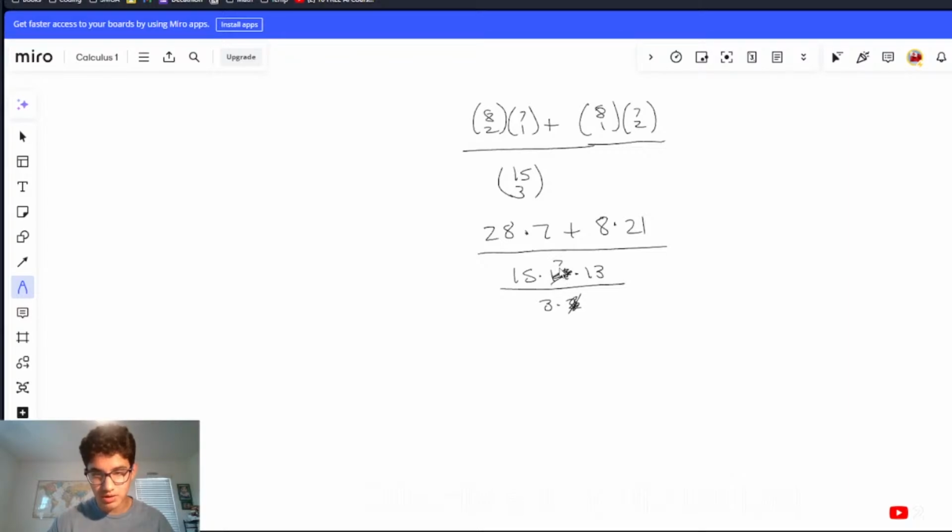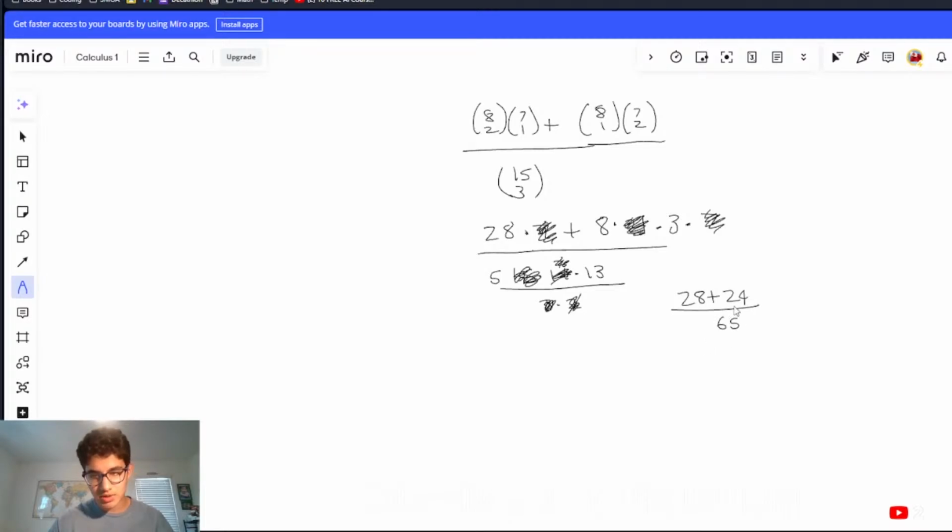Let's try to simplify it all. This cancels obviously to make this a 5. We aren't going to do anything with the 7 yet though, because this is just 8 times 3 times 7. So we can cancel out this 7 with this 7 and this 7. Okay, now we've got 28 times 1 plus 24. So 28 plus 24 out of 65.